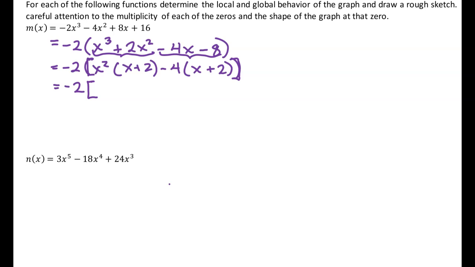Inside the parentheses, we ended up with a common factor of x plus 2. So I am going to remove that. The big operation is that subtraction. So that's where I'm splitting it into 2 terms, and each term has that x plus 2. What's left over is an x squared minus 4, and that I can do better with.